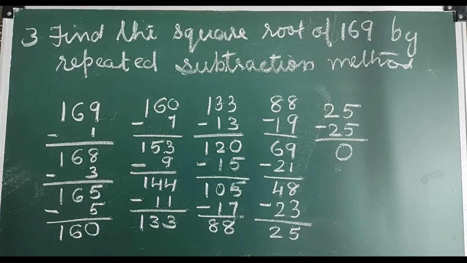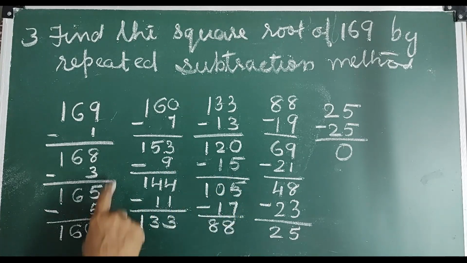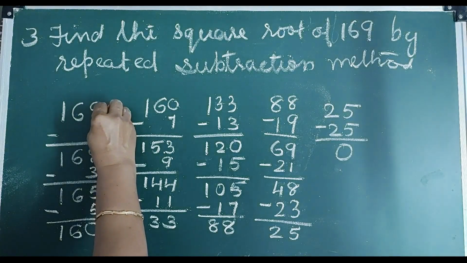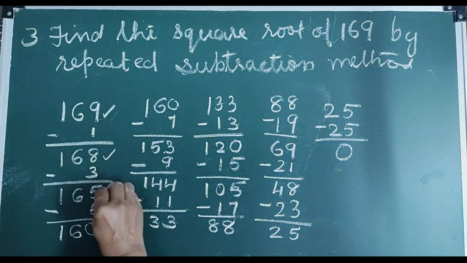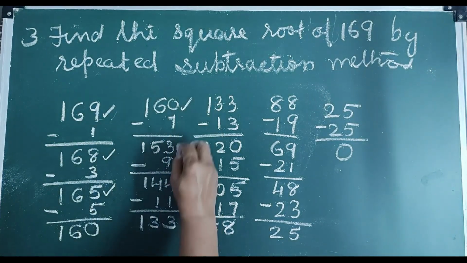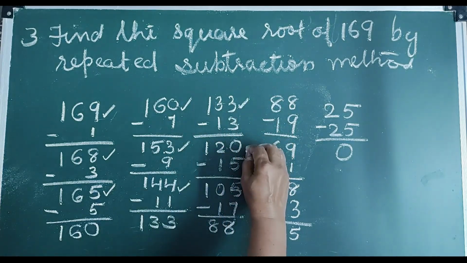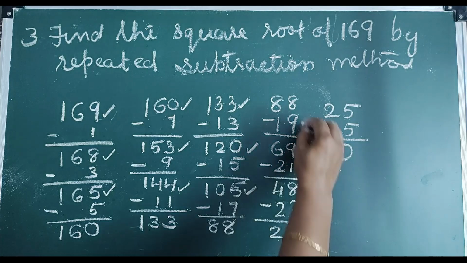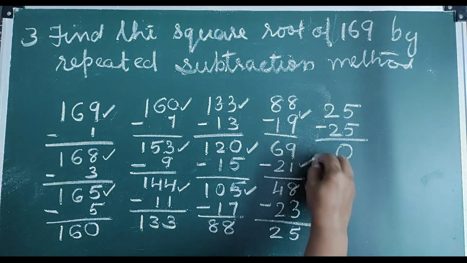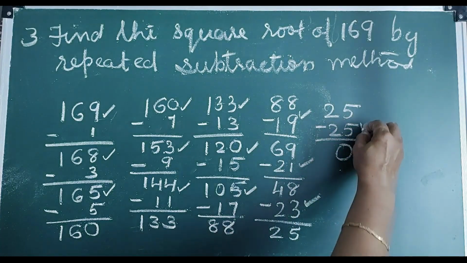Next step is to count the subtraction performed in this number. So subtraction 1, 2, 3, 4, 5, 6, 7, 8, 9, 10, 11, 12, 13.